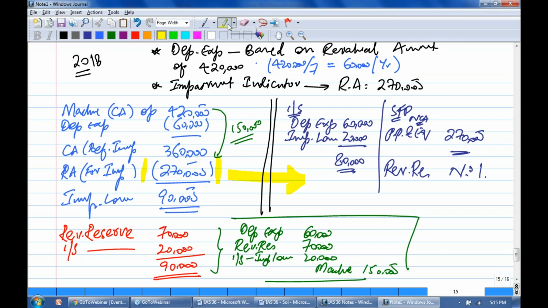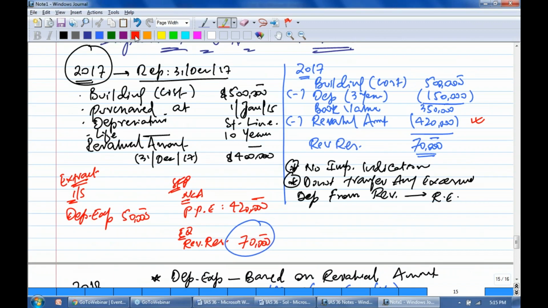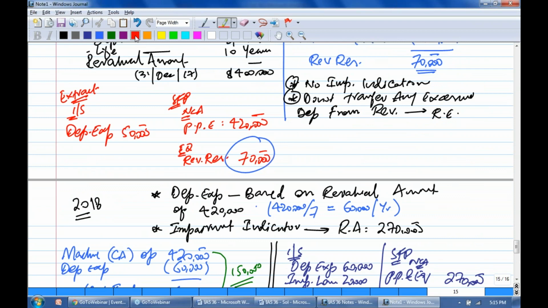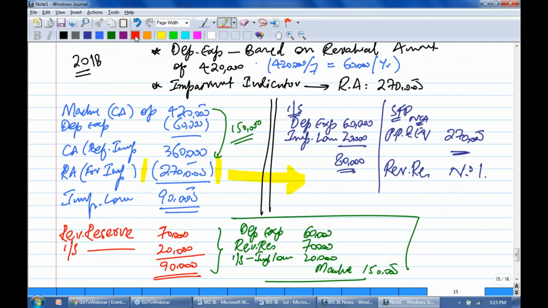That is, we purchased the asset in 15, 16, 17 and 18 has gone, and the remaining is 6 years.